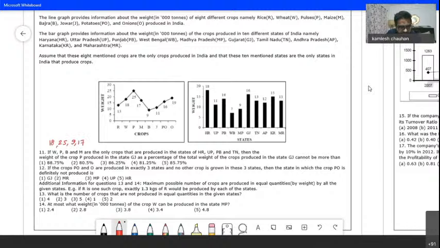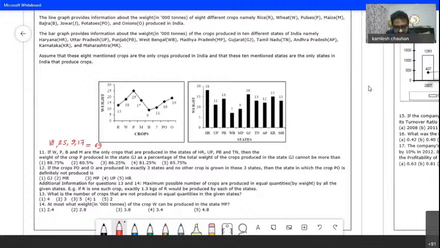If you add everything, you'll get how much? If I'm right, I'll just confirm B and M. So total is 43, and 26, 69. Everyone clear? So this is the total again.